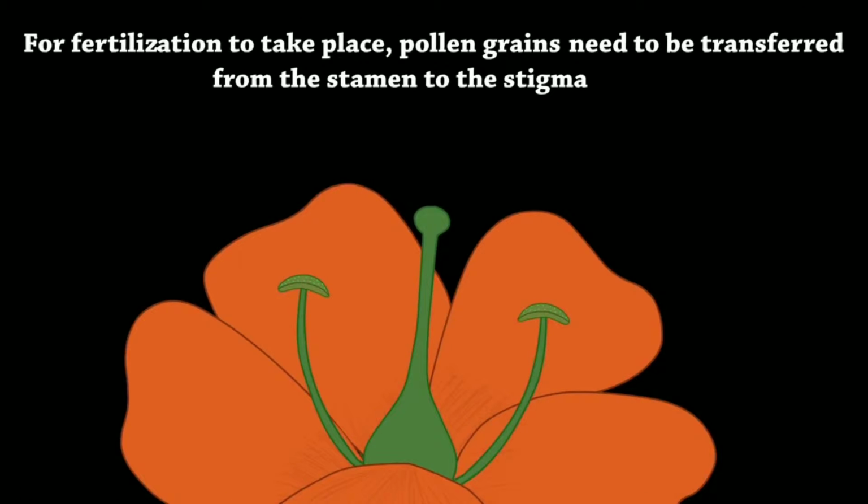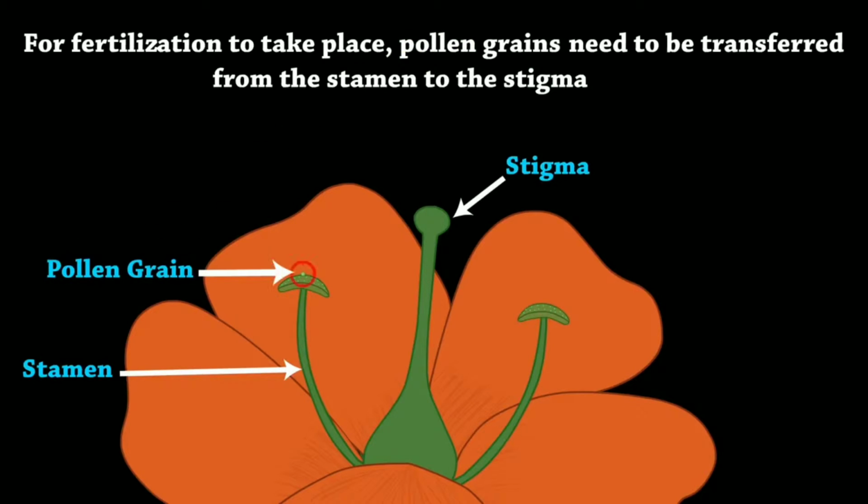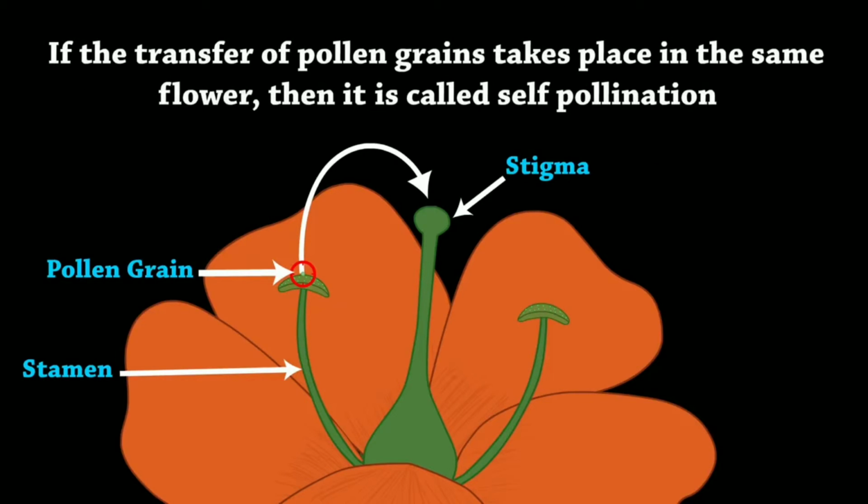For fertilization to take place, pollen grains need to be transferred from the stamen to the stigma. If the transfer of pollen grains takes place in the same flower, it is called self-pollination.